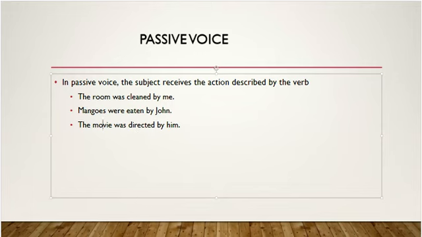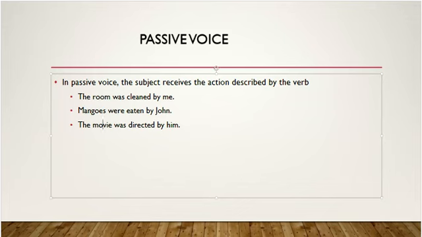So this is the difference: in the passive voice, the subject receives the action rather than performs the action. This is the easiest way you can always distinguish between a sentence written in active voice or passive voice, and decide what exactly you are going to write.